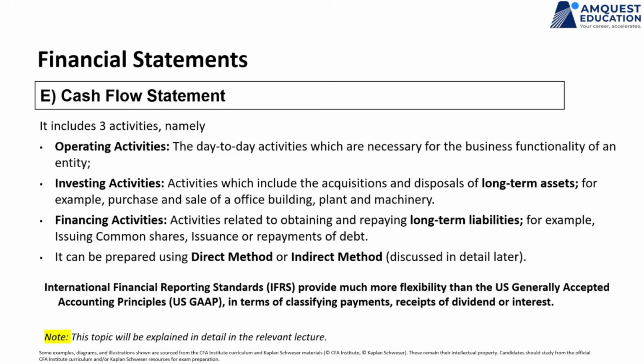IFRS provides more flexibility than US GAAP in terms of classifying payments or receipts of dividend or interest. Right. So the IFRS has small differences. As I always say, IFRS will have minor differences from US GAAP. And that is where you will have to note down the differences between IFRS and US GAAP, and every time there's a difference, add it to the list.